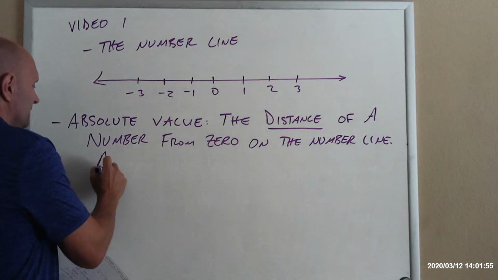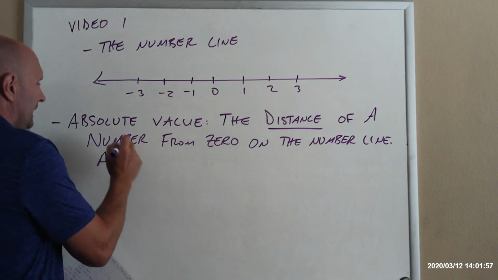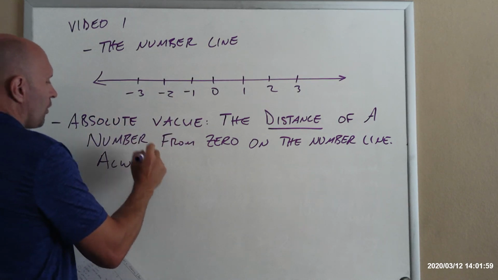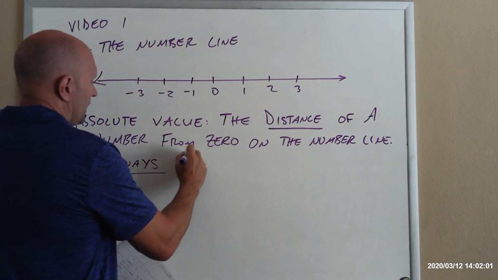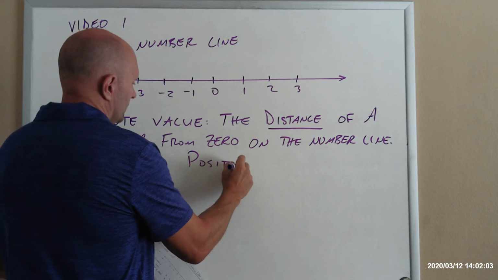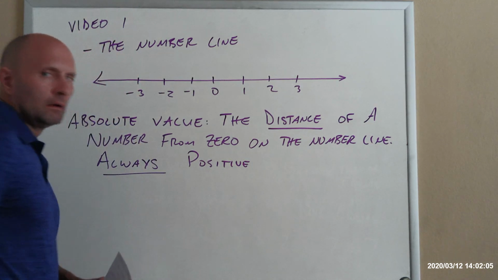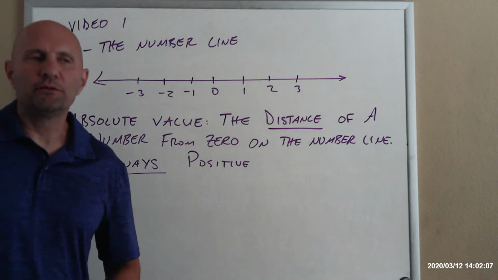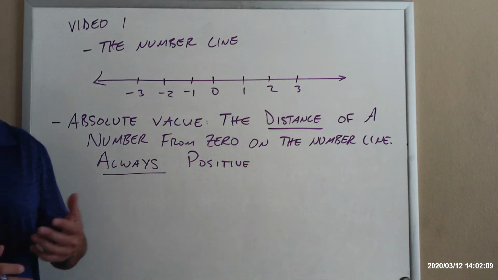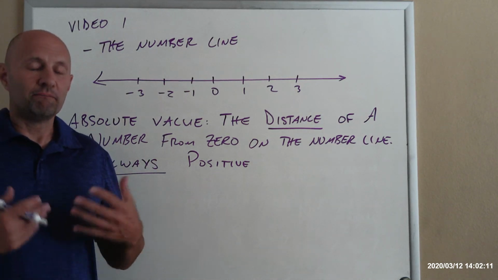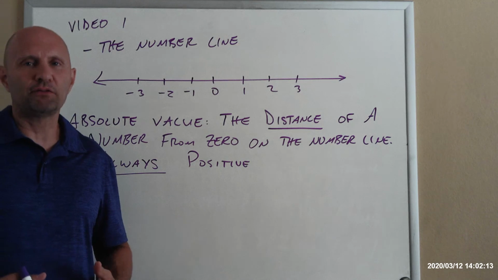Because it's a distance, our answer for absolute value is always positive. So if you're working a problem and it asks what's the absolute value of x, that value has to be a positive number.